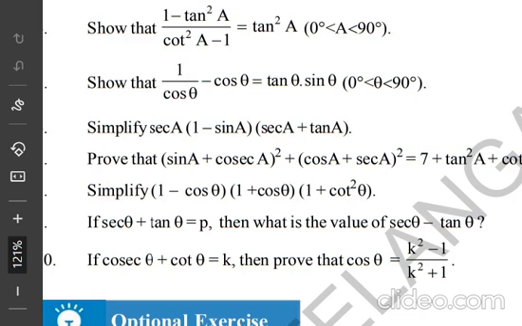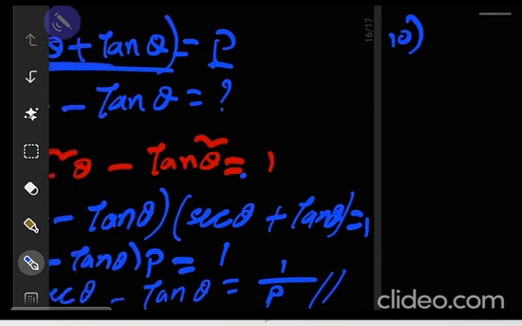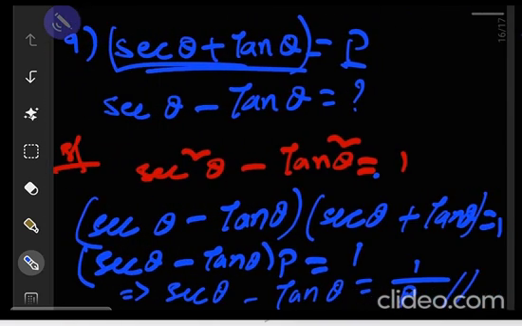So, we know that secant square theta minus tan square theta is equal to 1. This was the second identity which we discussed in the previous video.